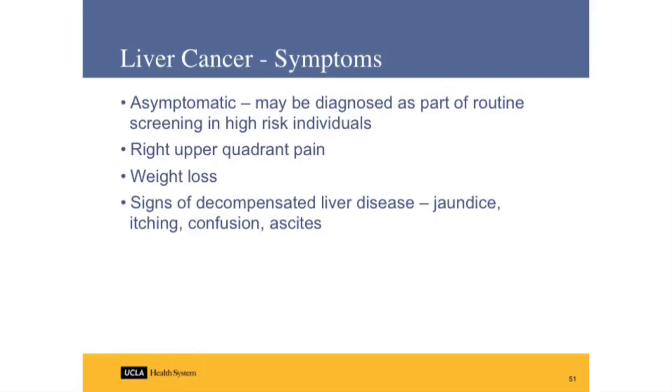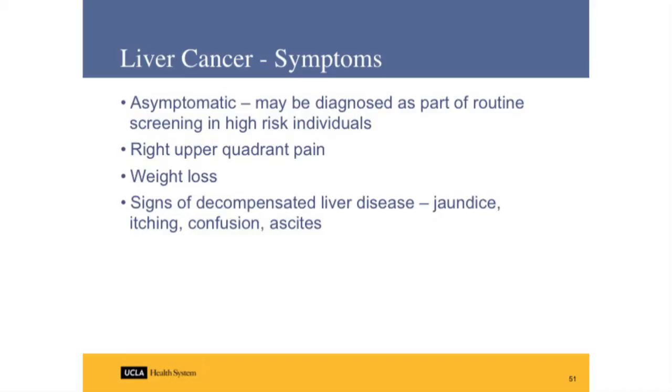So the symptoms, a lot of patients are asymptomatic, meaning they don't have any symptoms when they're diagnosed, and it's often diagnosed as part of routine screening when we're screening high-risk individuals. And then the patients that do have symptoms, oftentimes they'll have pain in the right upper quadrant, or pain in this area where the liver is. Weight loss is another symptom, as is with a lot of other cancers.